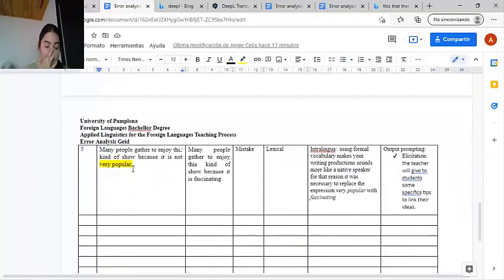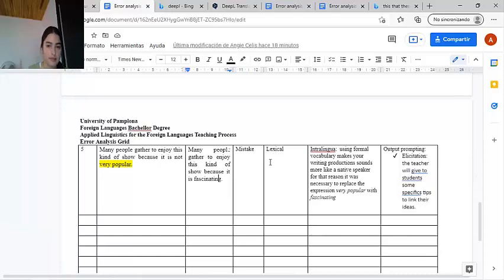And finally, number 5, I consider that this is a lexical mistake. Not because the gist of the sentence was affected by using this expression, but because you can include some formal expressions, adjectives, and advanced vocabulary to sound more like a native speaker. So I replaced "very popular" with "fascinated".